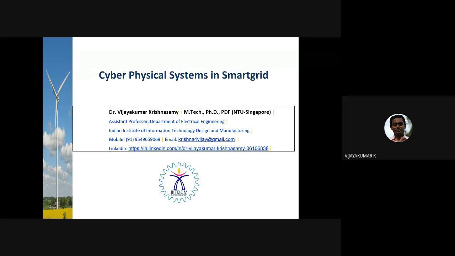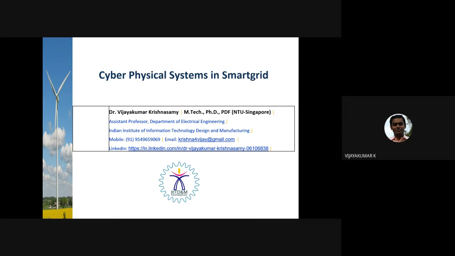With those protocols, if we connect our system to the internet, that becomes your cyber physical system, or you can say it is the application of IoT in smart grids. Okay, before going to that, we'll see what a smart grid is.